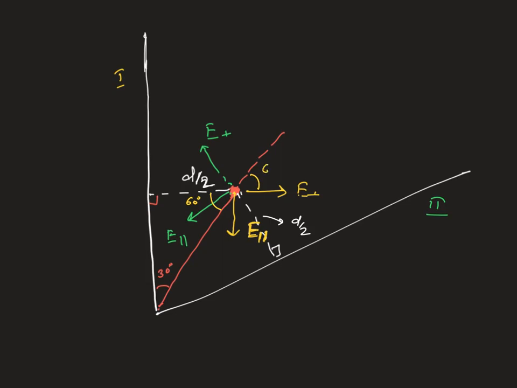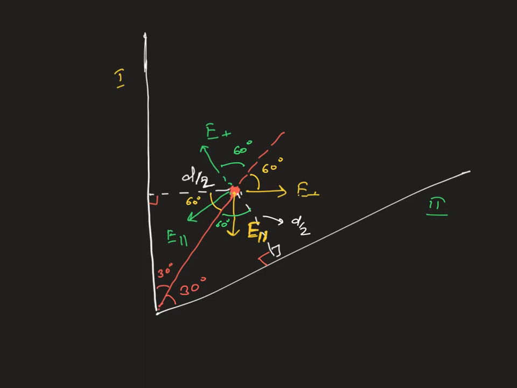It is going to be 60 degrees, right? Vertically opposite angles. Likewise, this angle here is 30 degrees. This is 90 degrees. This angle is going to be 60 degrees, obviously, and then this angle is also going to be 60 degrees. So we have two E perpendiculars and both are at 60 degrees.